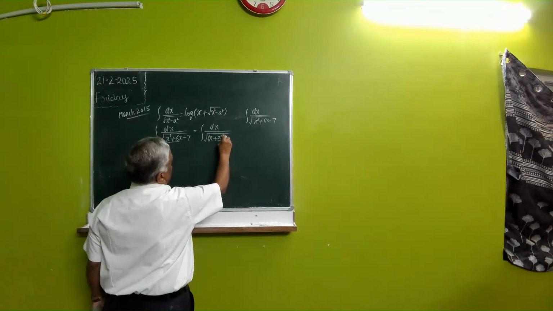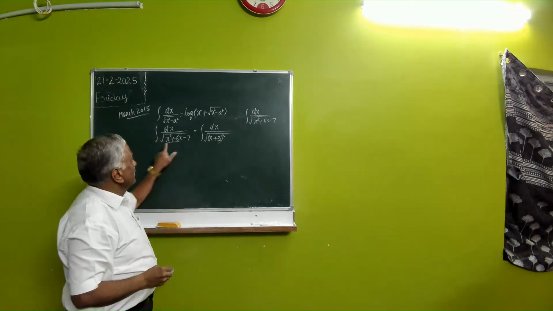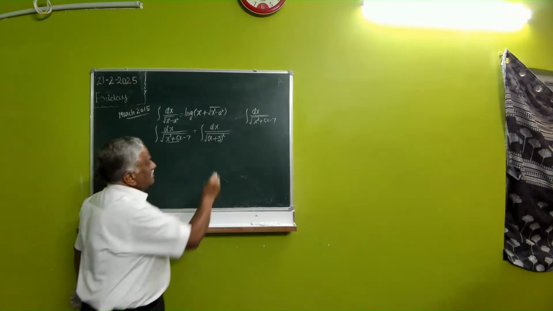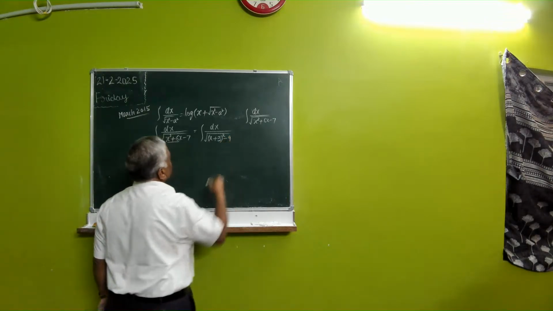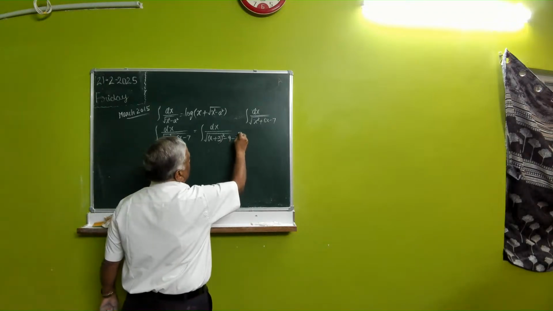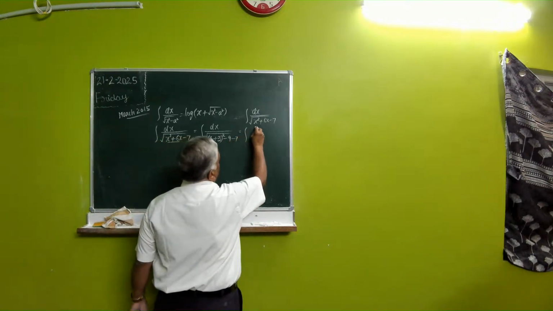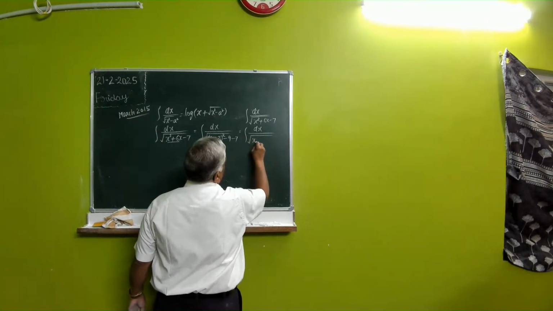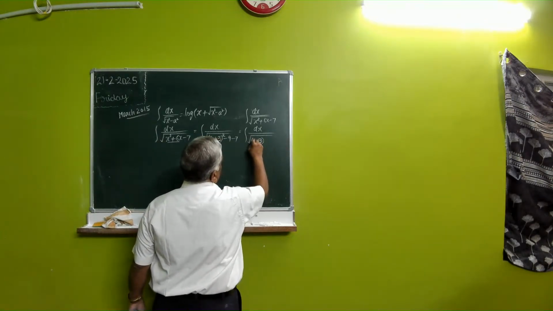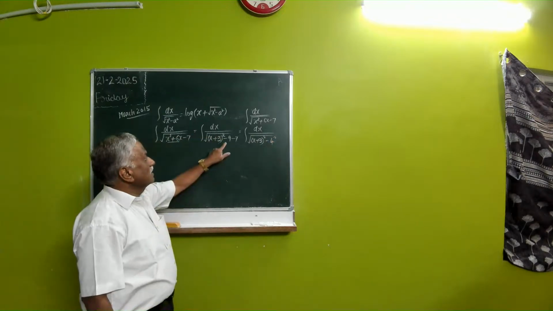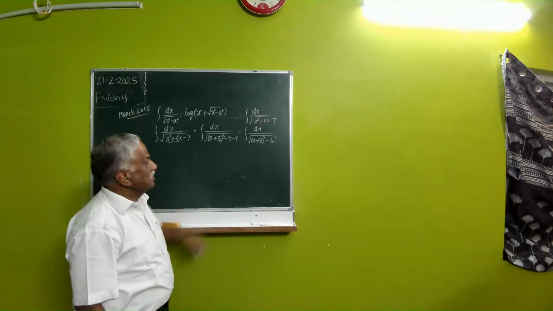If you want, you can check: a square is x square, 2ab is 6x. You are getting 9 extra, so subtract 9. Then they have given minus 7, write that. So what do you get? dx over root of x plus 3 whole square minus 4 square. Why minus 4 square? Minus 7 and minus 9 is minus 16.